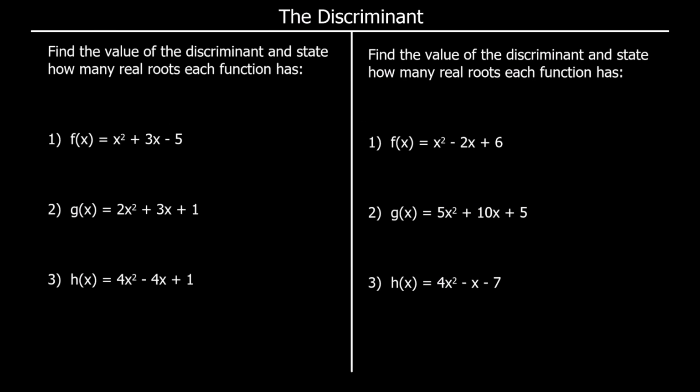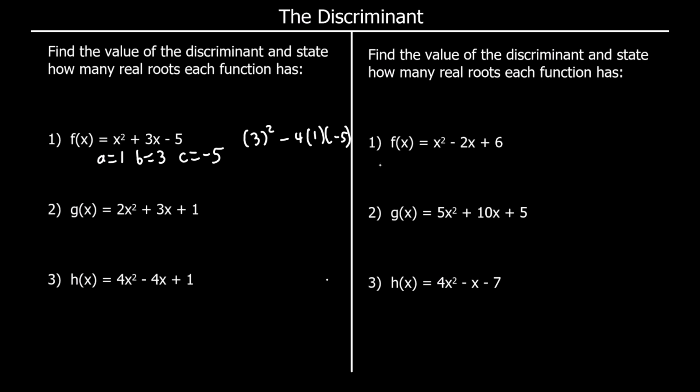So this question says, find the value of the discriminant and state how many real solutions each function has. So f of x is x squared plus 3x minus 5. We're going to work out what b squared minus 4ac is. So a is 1, b is 3, and c is negative 5. So 3 squared minus 4 times 1 times negative 5.